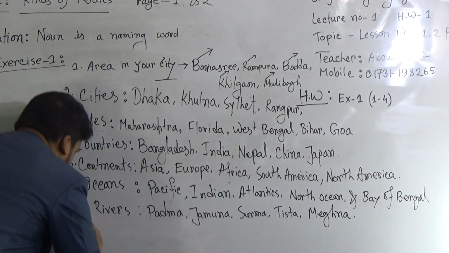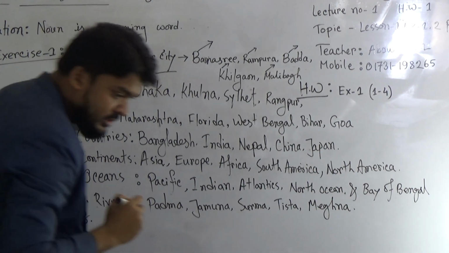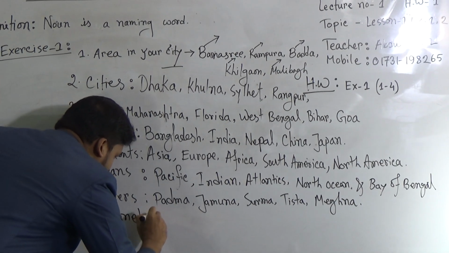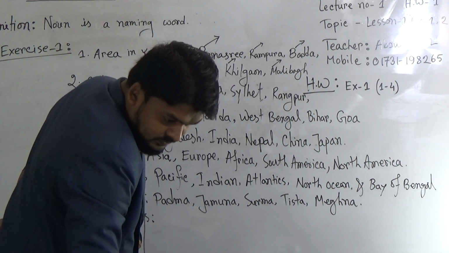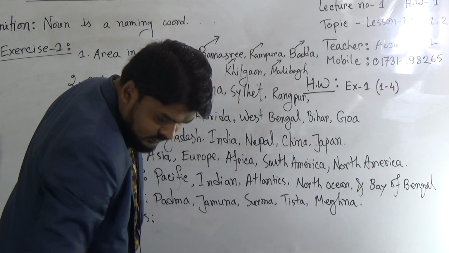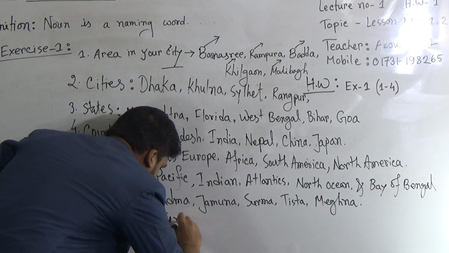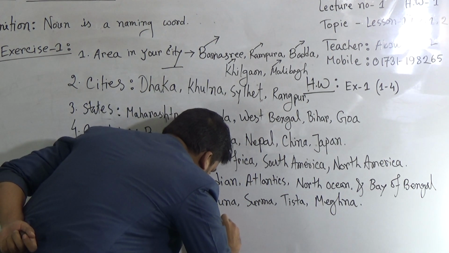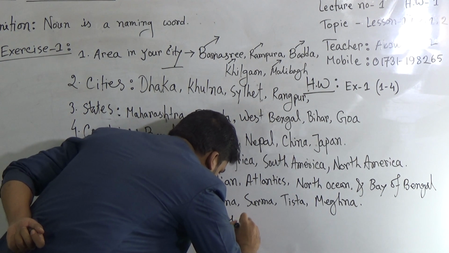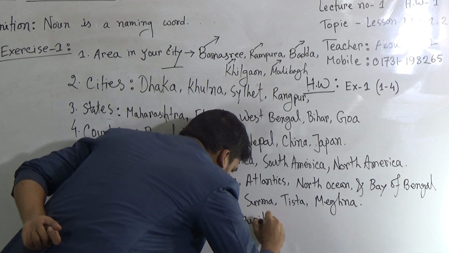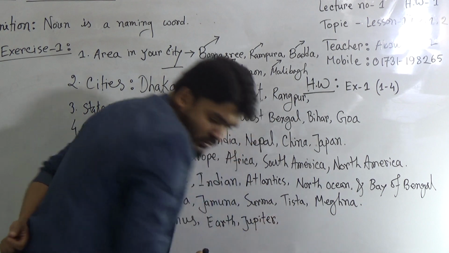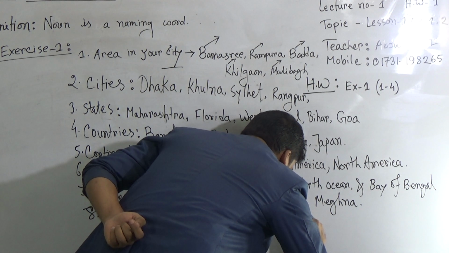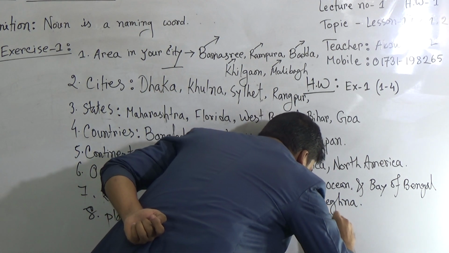And last point, number 8, planets. Venus, Earth, Jupiter, Mars and Saturn.